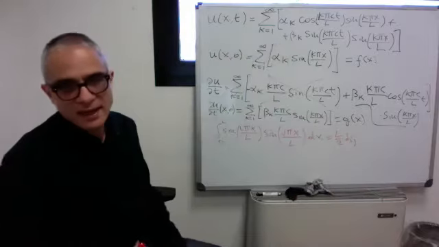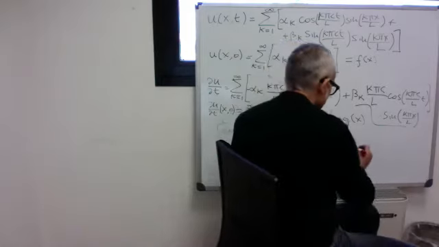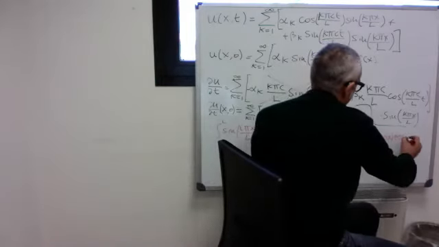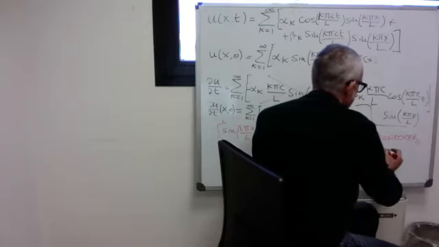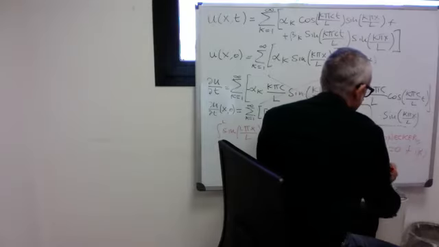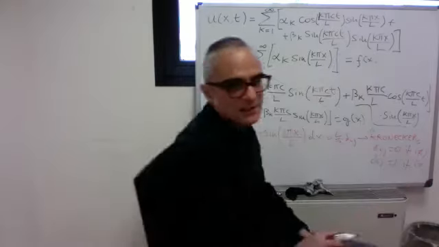What does delta ij mean? It's what mathematicians call the Kronecker delta, the Kronecker symbol, but it doesn't matter. Basically, it's 0 if i is not the same as j, and 1 if i is the same as j.